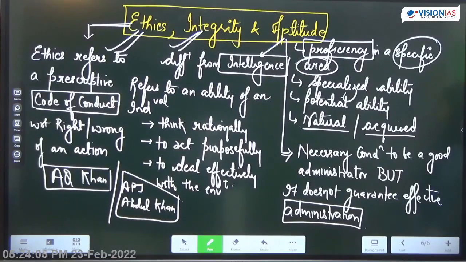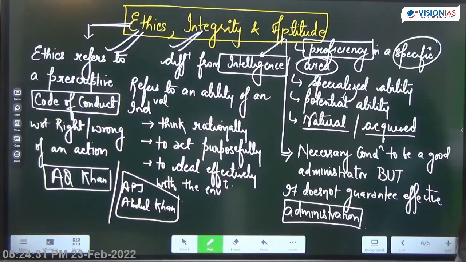Both were exceptionally good at their craft. Both were phenomenal nuclear scientists. However, there was one difference. APJ Abdul Kalam was a man of integrity. He was honest, he was ethical. However, AQ Khan was the one who sold the nuclear codes of his country to the Western powers.